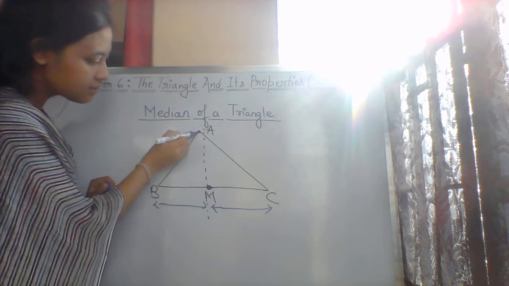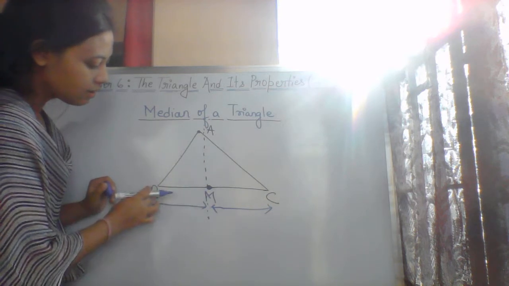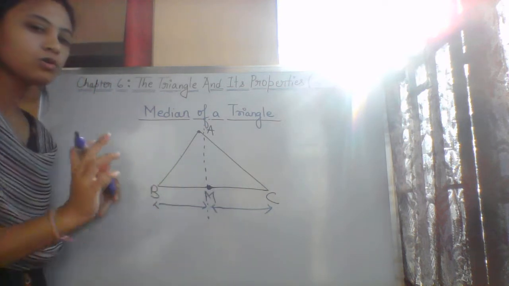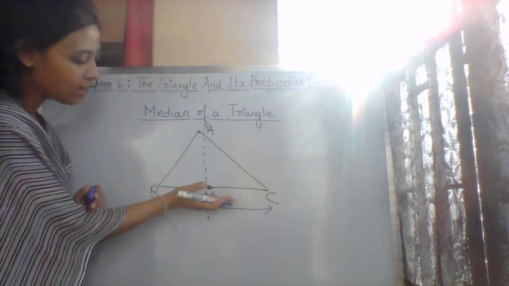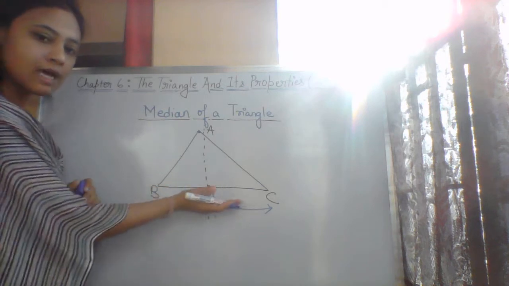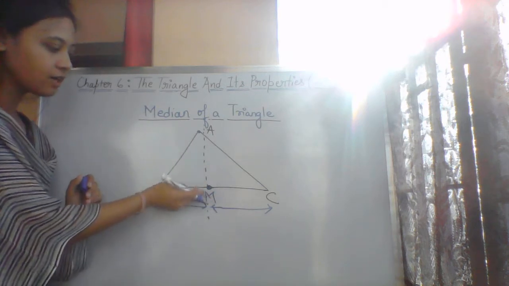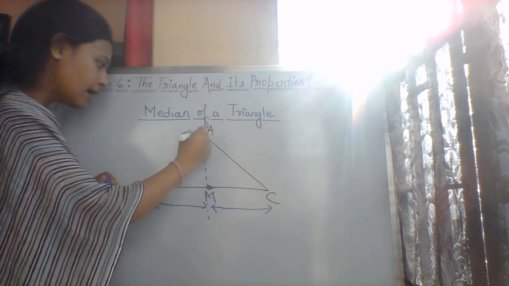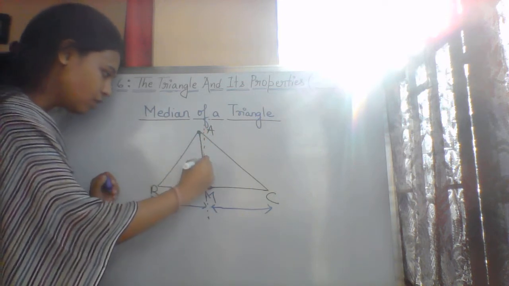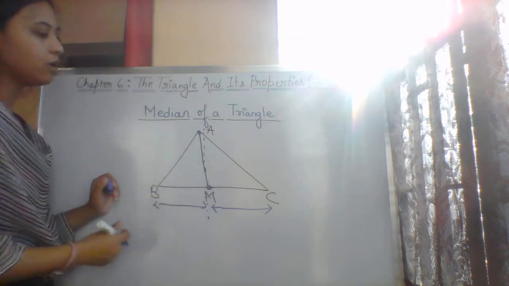This vertex is opposite to the line BC. So two things we are going to consider: first, a vertex, and the side opposite to that. Whichever side is opposite to that vertex, that midpoint we will consider. When we join that vertex with the midpoint, that will be our median.